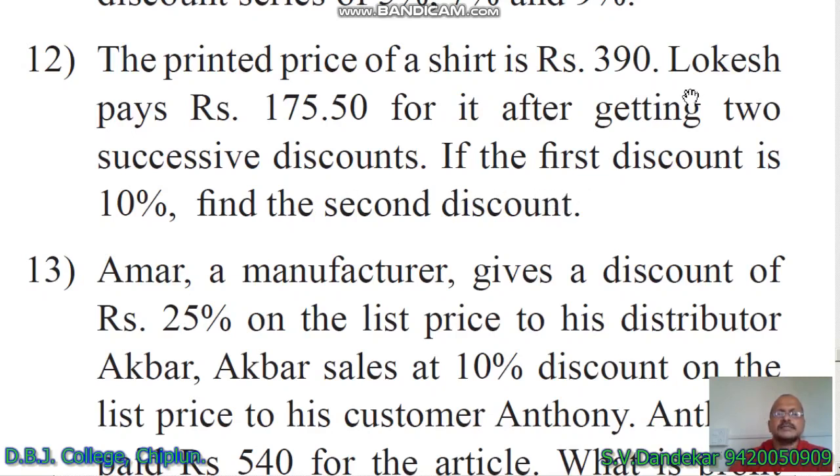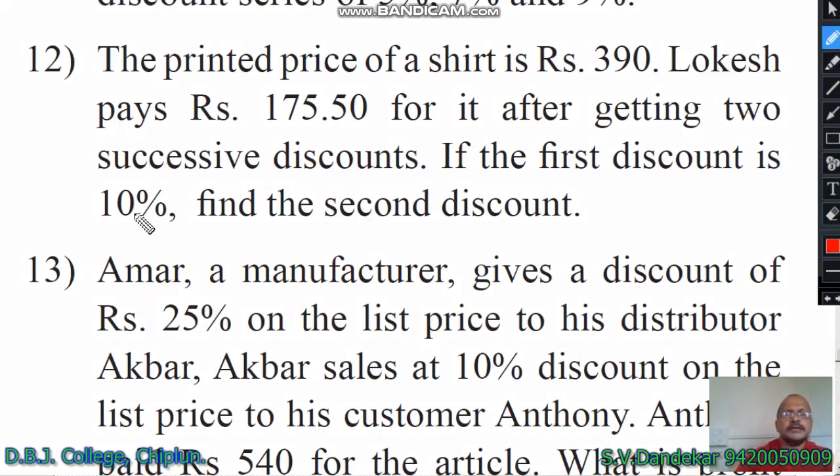Suppose the second discount is x percent, then 390 multiplied by 90 by 100, because first discount is 10%, second discount is x percent, so 100 minus x divided by 100. This total works out to be 175.5. Solve this and get the required answer.